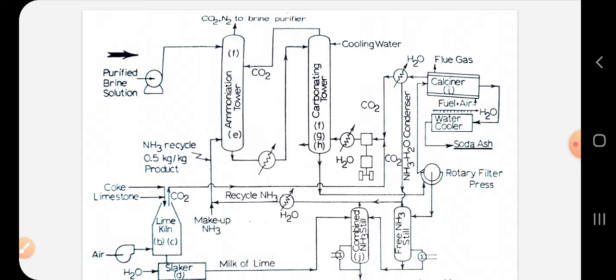Now the remaining part of the liquor, which doesn't go to the rotary press filter, or goes to the rotary press filter but is not taken to the calciner, so that unreacted ammonia goes to ammonia stills, the free ammonia still and the combined ammonia still. We can see the two ammonia towers over here.